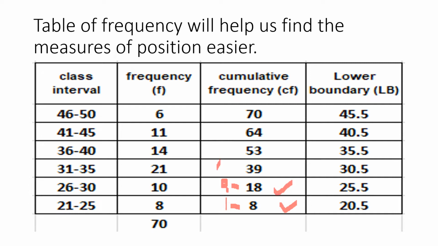Ito naman yung 19th to 39. Dito yung 40th number up to the 53rd number. Dito naman yung pang 54 na number hanggang pang 64. And then here, makikita mo yung pang 65th up to the 70th number or data. Yun yung position.